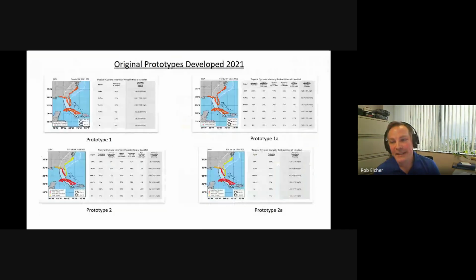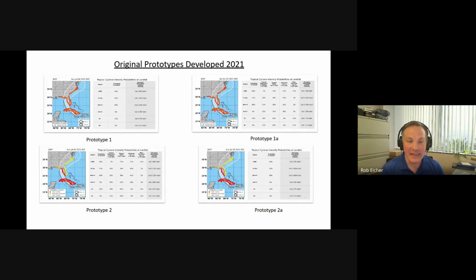Next slide, please. So these are the prototypes that Ben originally created and then sent to us. Our project originally, before this became a JTTI project, was just to test these products on Florida residents and see what worked and what didn't work, what they understood and what was not so clear. In the prototypes, there's a couple different versions.